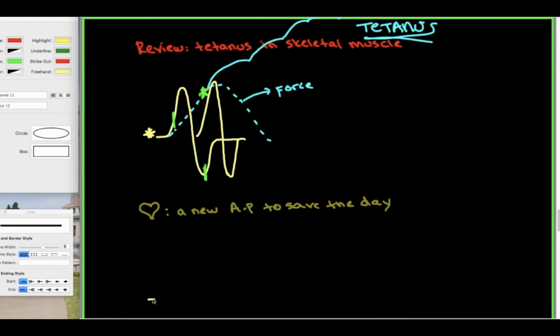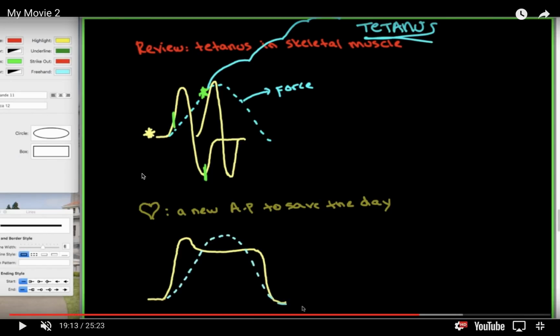So if we draw out this new action potential, we saw that it looked a little bit different where it was much longer because of this calcium plateau. That meant that the absolute refractory period was much longer. So if I draw the force generated due to this excitation, this contraction, what you notice is that the force generated from this one action potential lasts the exact same amount of time as this really long action potential.